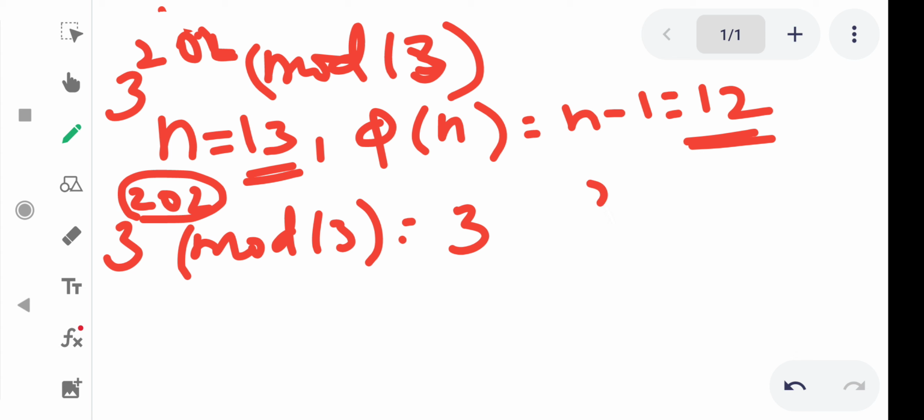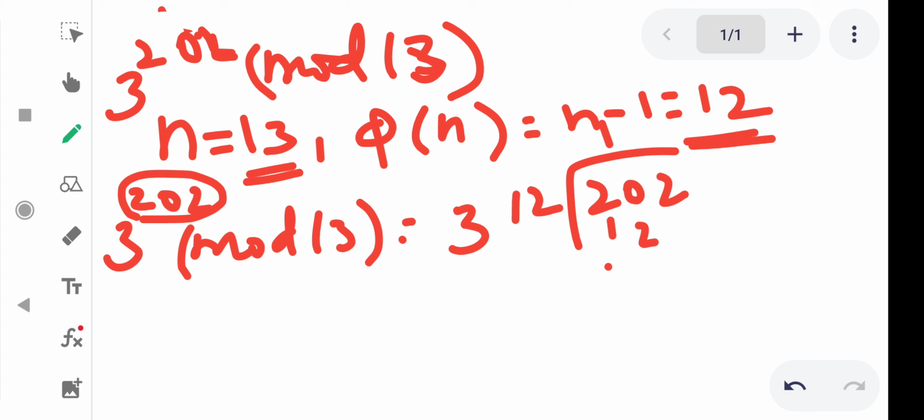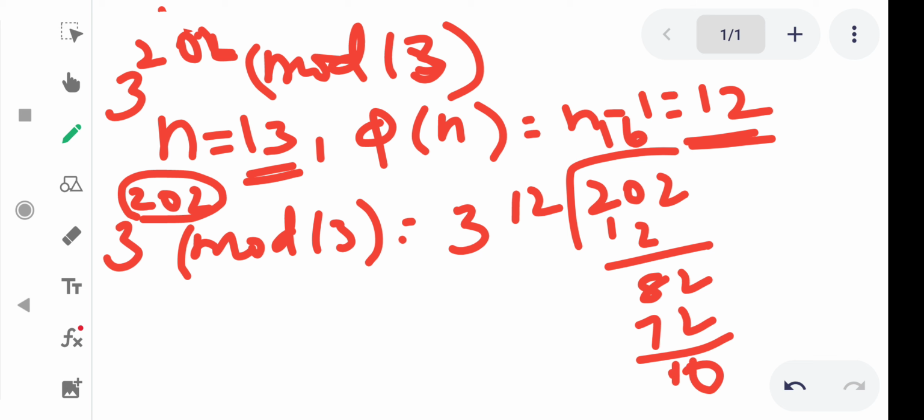We get 16 as the quotient, and the remainder is 10.